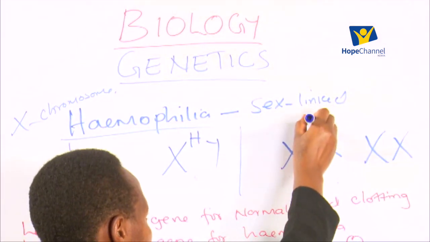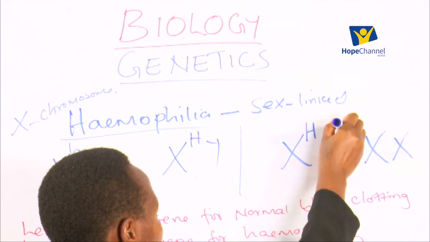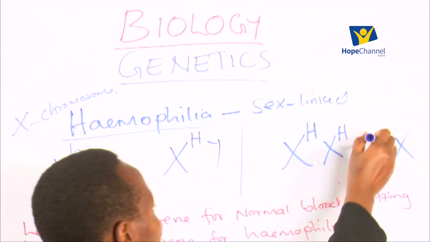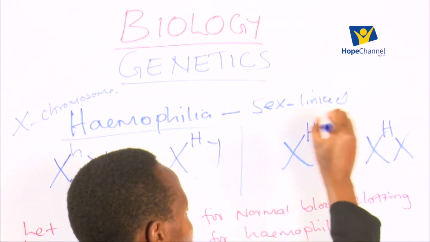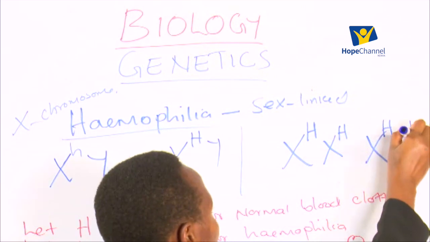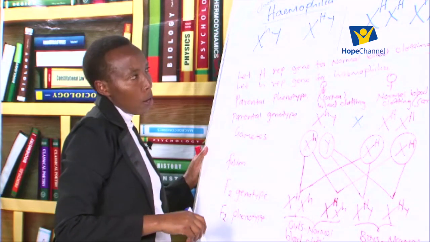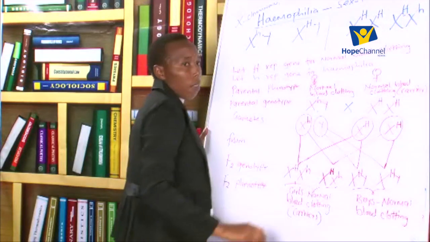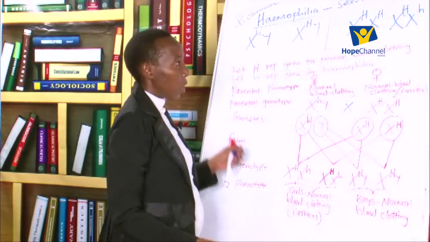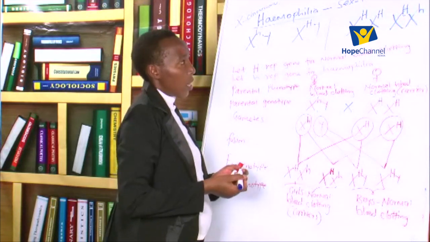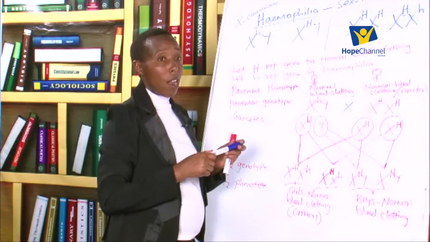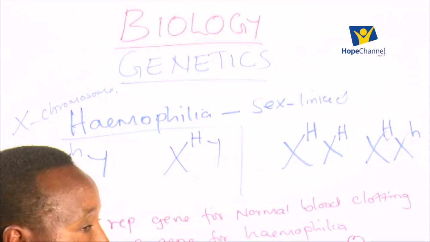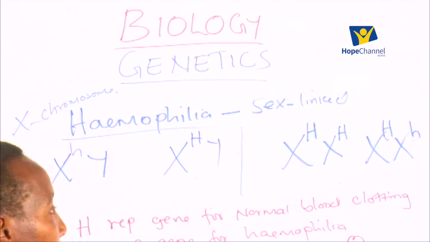The two X can be carrying the gene for normal blood clotting, or one of the X will be carrying the gene for normal blood clotting, but the other one is carrying the gene for hemophilia. But remember, this gene is dominant, so it will suppress the recessive gene for hemophilia. So at the end of the day, girls can be homozygous normal blood clotting or heterozygous because they have the two X.